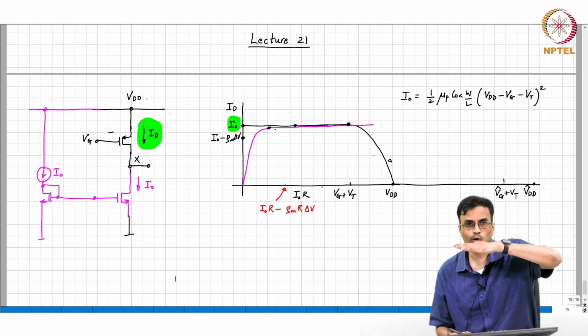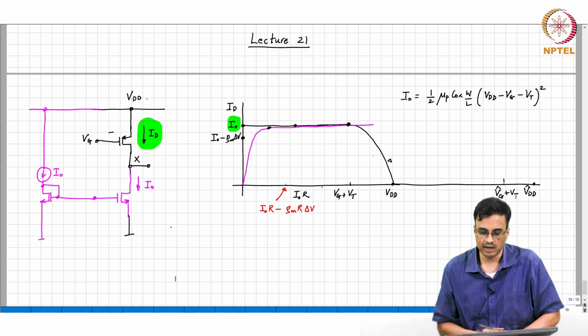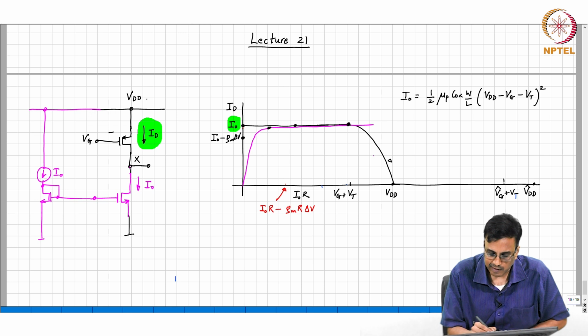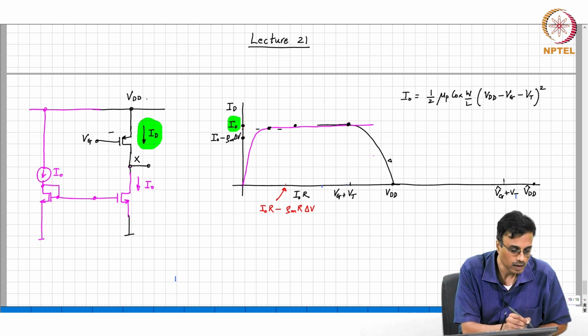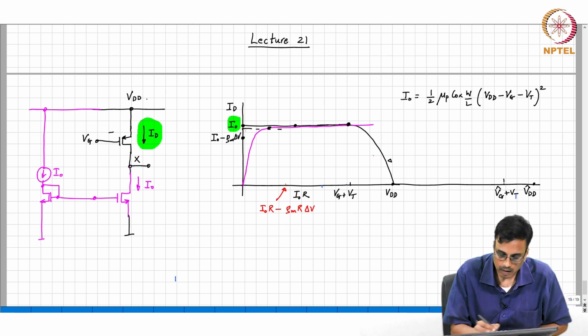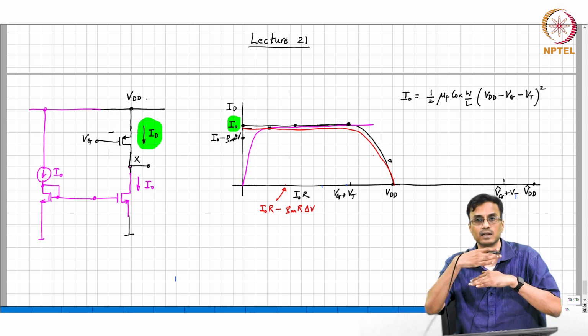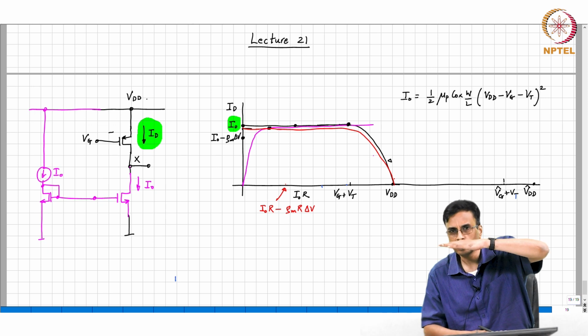And basically what matters is not the slope of this. What matters is that the slope of the load characteristic between the red and the black curves must be as small as possible, correct?